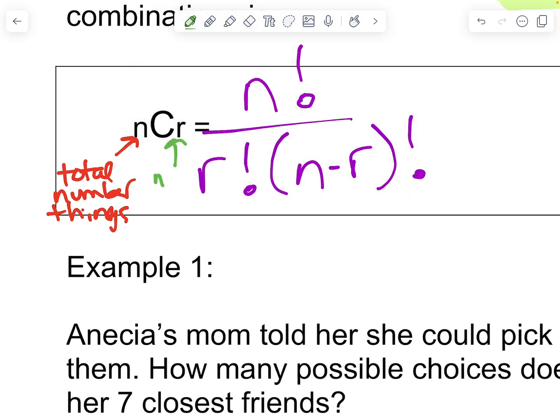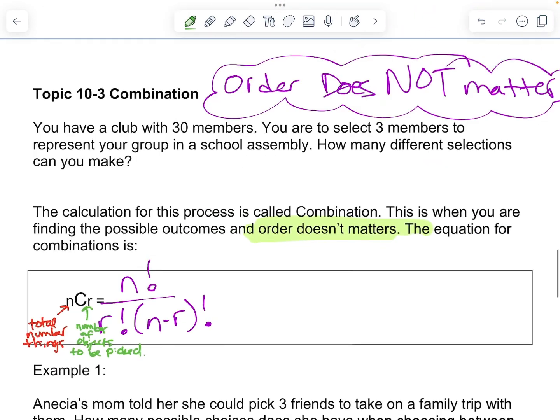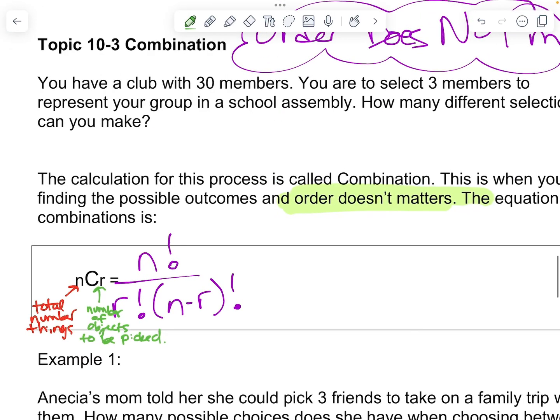R is the number of objects or things that are going to be picked. So in our example, since order does not matter, we have a combination. We had 30 members and we have 3 places.